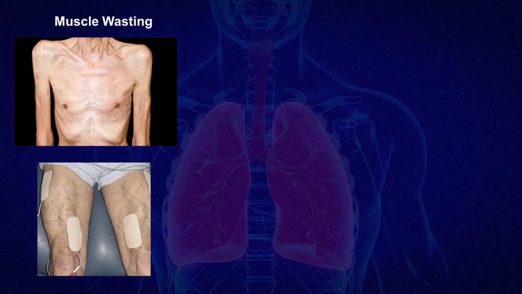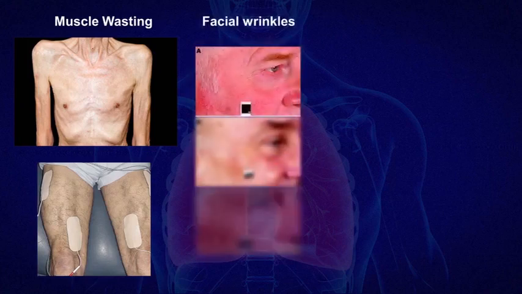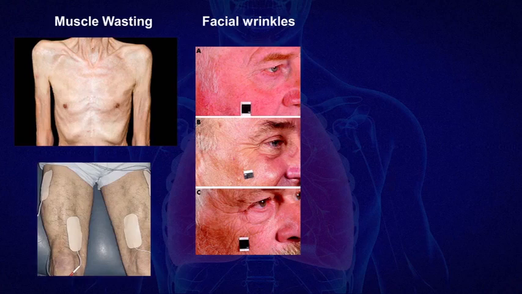So the moment you see this feature, you know that this patient is more likely to have COPD. There has been a lot of talk about the presence of facial wrinkles as a marker of underlying COPD. This has been shown in many studies across the world, that patients of COPD tend to have more facial wrinkles than those who do not have COPD. So look for these, and it might give you a small clue that there is an underlying COPD.